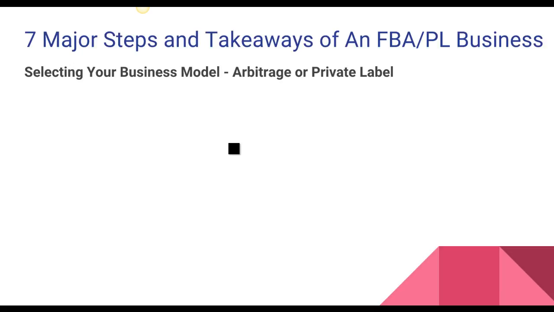And private label basically is that you source something and you put your name or your brand on it. With arbitrage, it is whatever it is, it can be Cheerios or whatever, and you are marketing on Amazon. You can't brand that. So that's the first decision that you need to make.